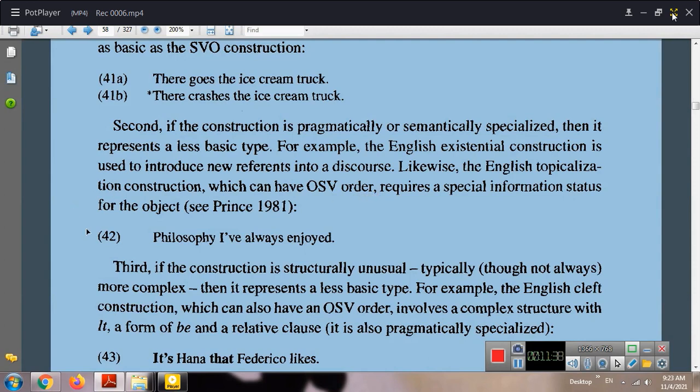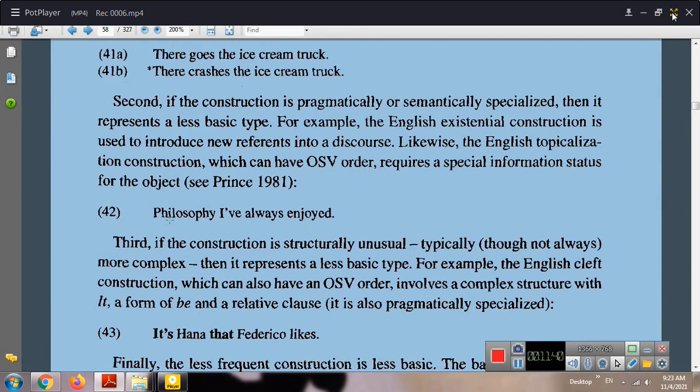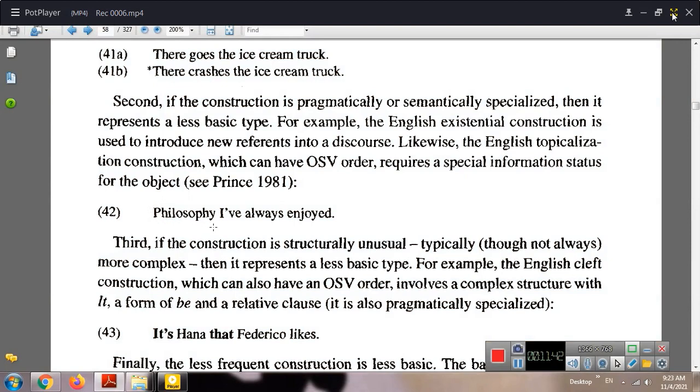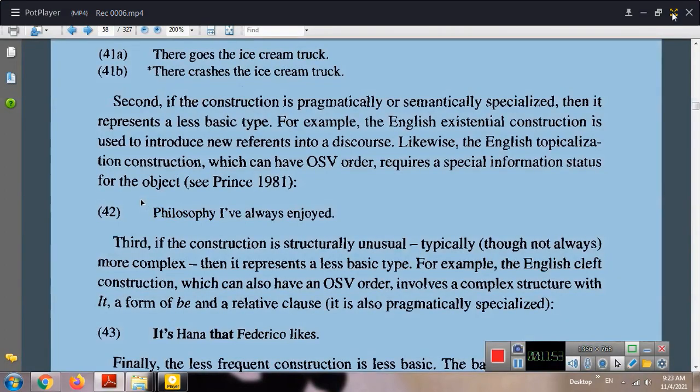It requires a special information status for the object. Philosophy, this is the object. I, subject. Have, verb. Always enjoyed. Here we have topicalization. It is because of the semantic or pragmatic reason.